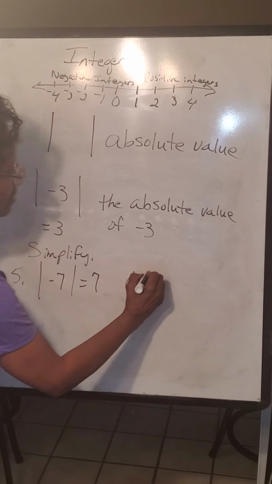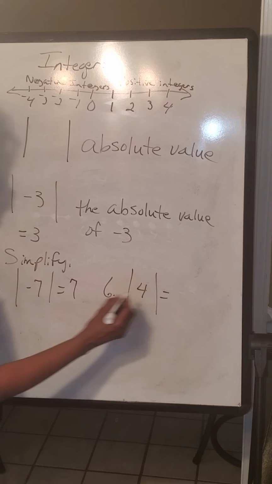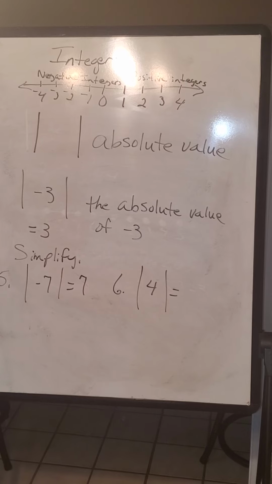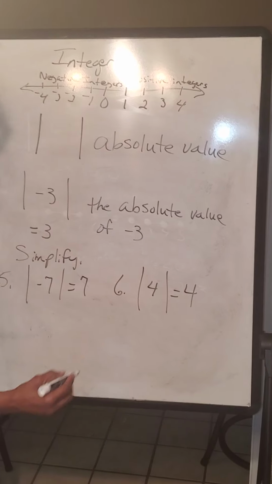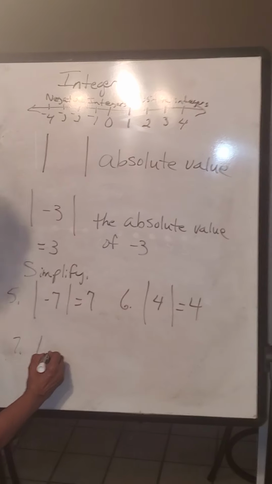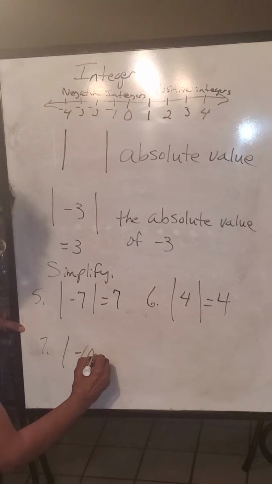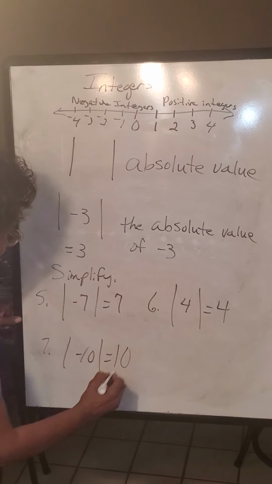Example 6, if I had the absolute value of 4, there are 4 units on the number line from 0 to 4, so the absolute value of 4 would be 4. If I had the absolute value of a -10, the absolute value of a -10 would be 10.